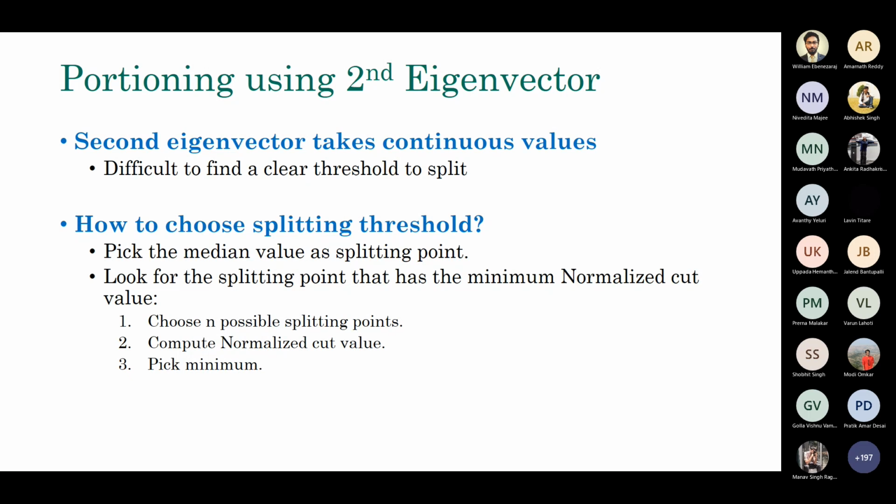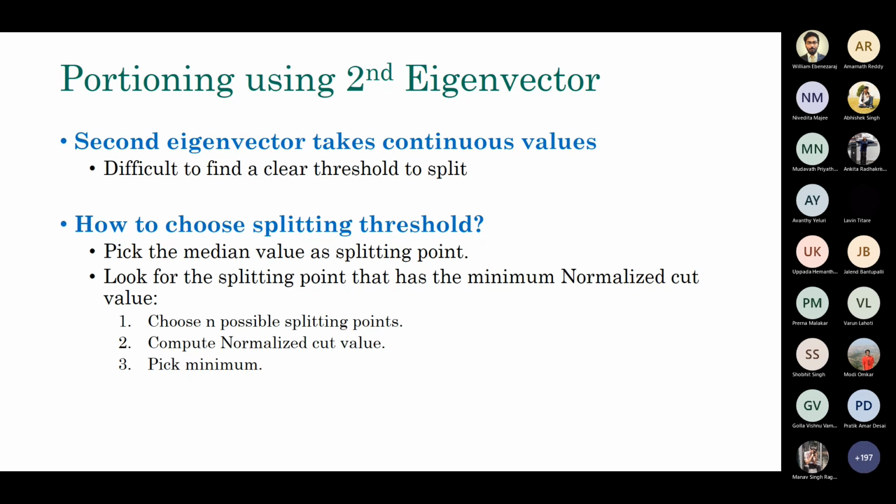Again, it's sometimes difficult to find a very good threshold. So what people typically do is pick the median value. These are all real numbers, all the values in the eigenvector. You can pick the median value and simply split based on it: the values above the median are in one group, and the values below are in another group. Or you can choose n possible splitting points from your data, and then choose the one which minimizes the normalized cut value.